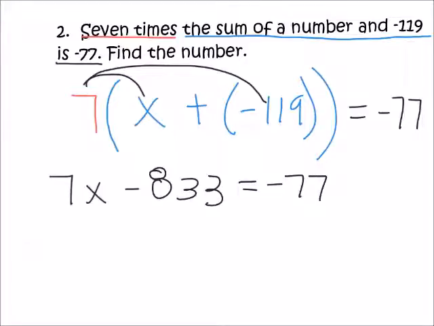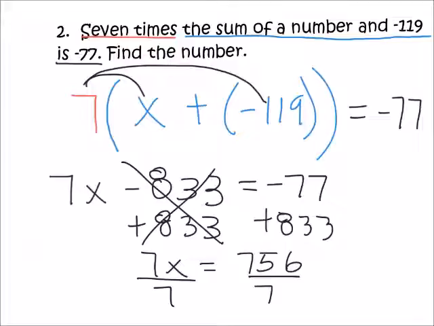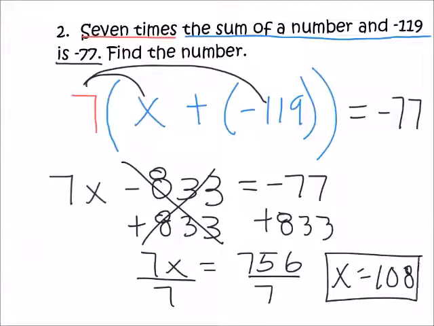Okay, so now we're simply going to add, because we want to get the 7x by itself, we're going to add 833 to both sides, and again we do that because we want this to go away. That becomes 0, so we have 7x equals 756. Okay, so now we're simply going to divide both sides by 7 because we want to isolate the x, and we get x equals 108. And that is your answer to this problem.